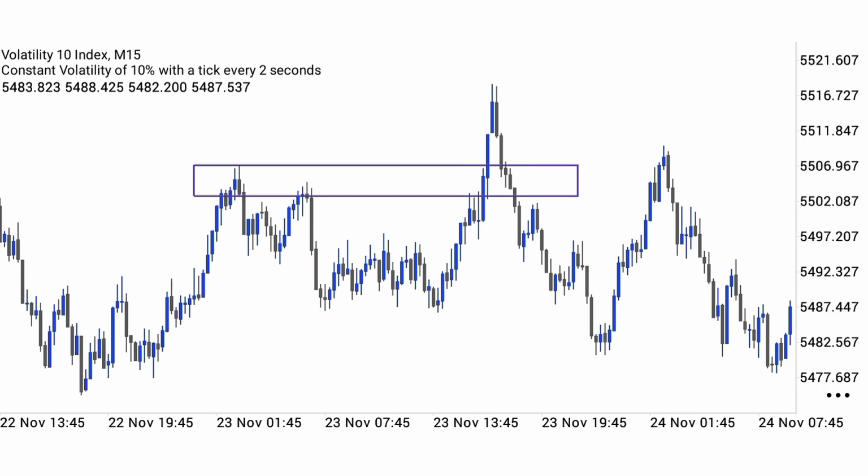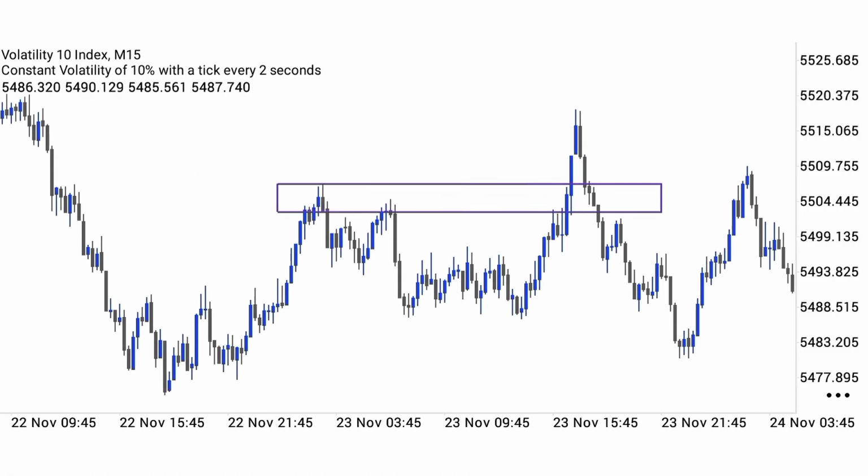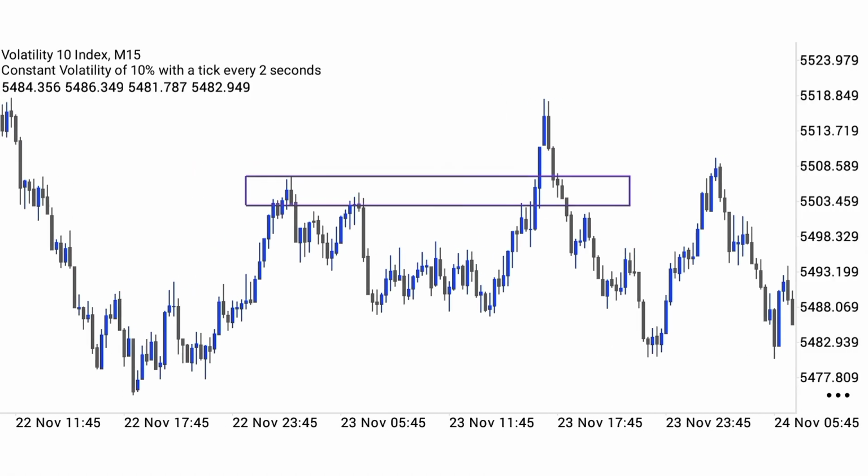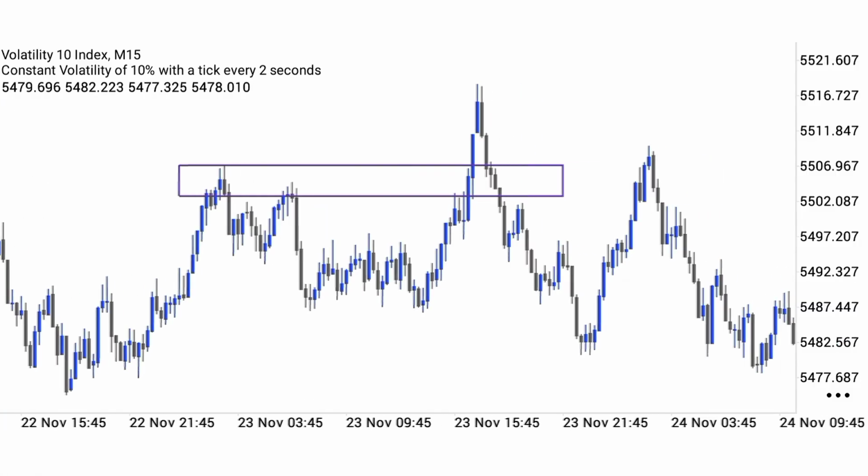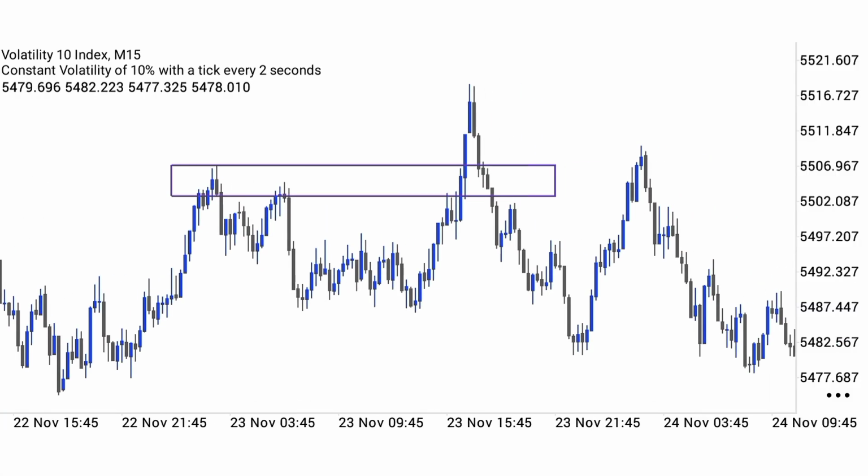So what is supply and demand? Supply and demand are those areas where the market has moved with strong volatility. And as traders, we expect that when the market gets to that point again, it will come back with the same volatility as it did for the first time.